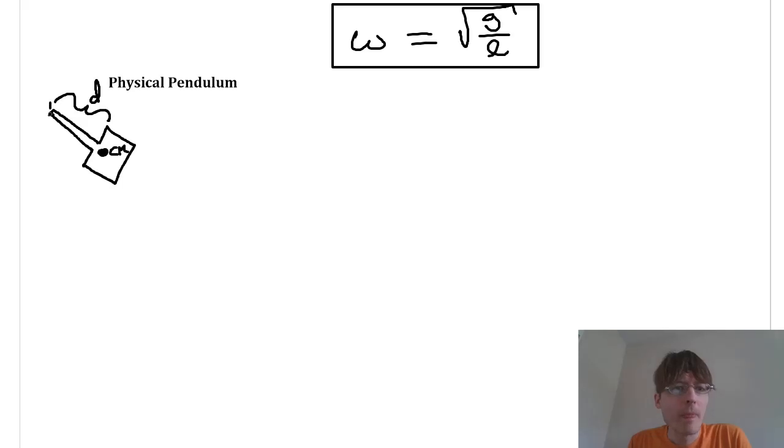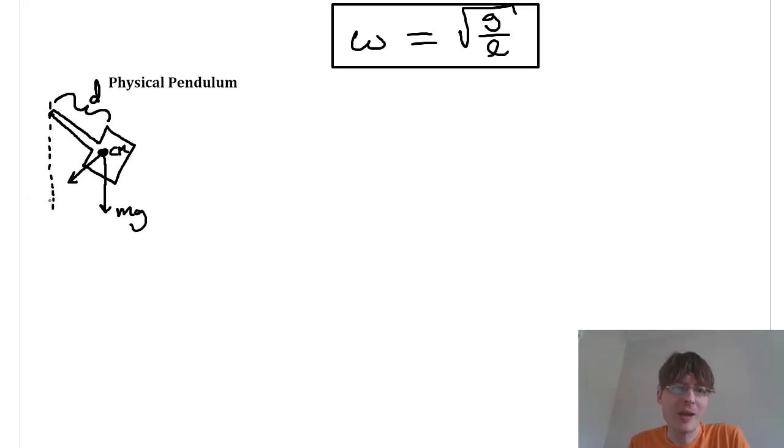So here's the vertical line. That's the equilibrium position of it, where it would just hang. Now, the weight of this object pulls straight down from the center of mass. So there's mg. Of course, that has a component along the arc that it swings on, which is like here, and that's mg sine theta, just like we saw before.